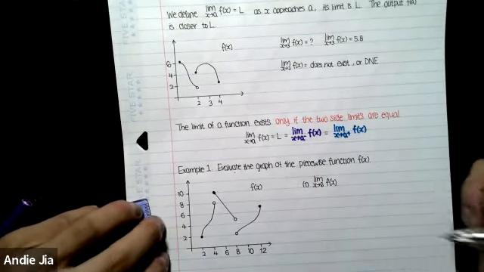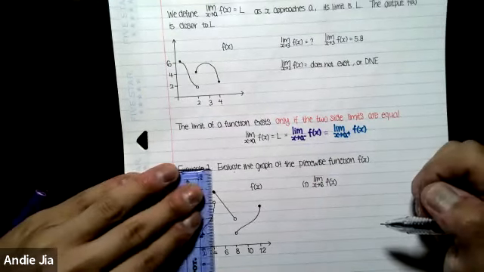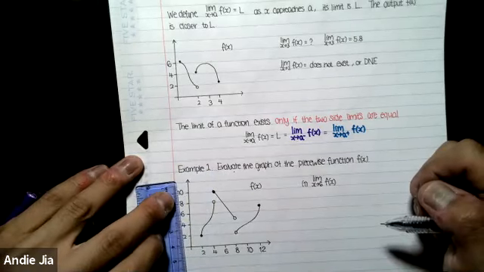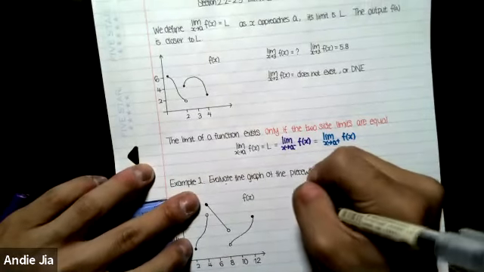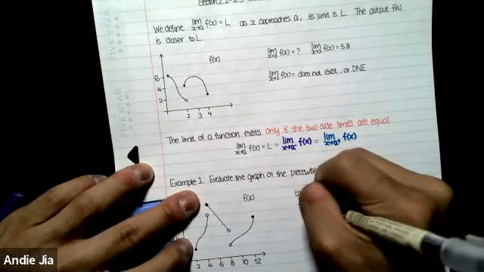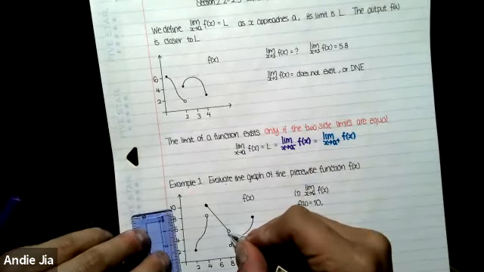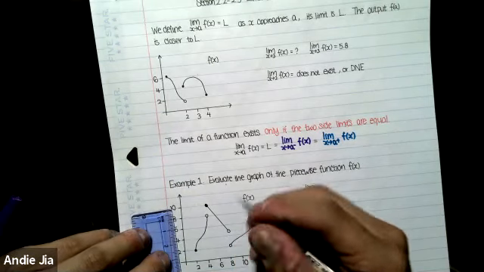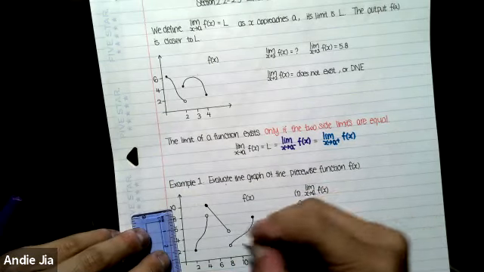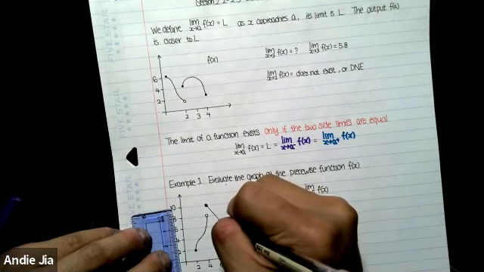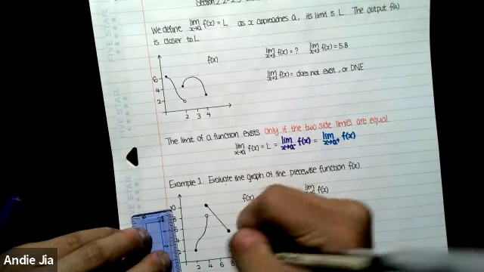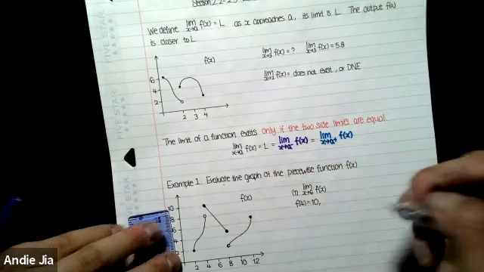From here, at 4 it is defined, and f of 8 is 5.